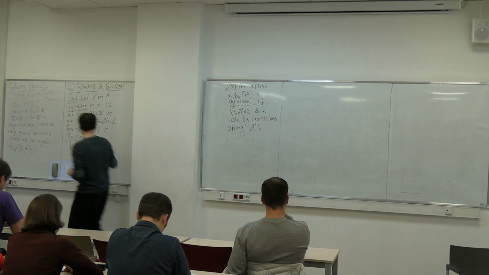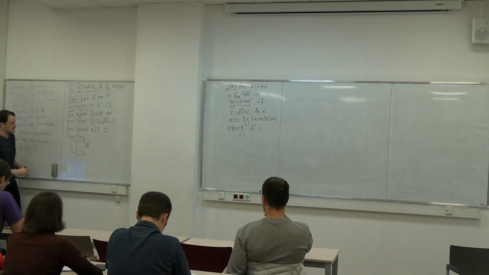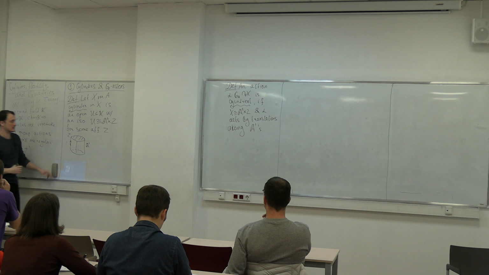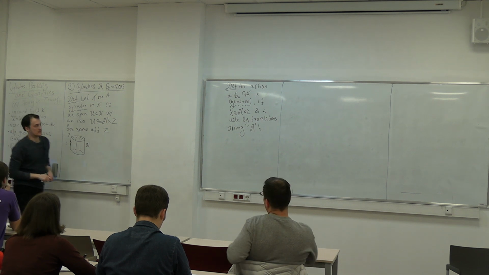So, of course, when you have a variety of this form, you can always form an action of GA just simply by translating each fiber. Okay, I think this is clear.